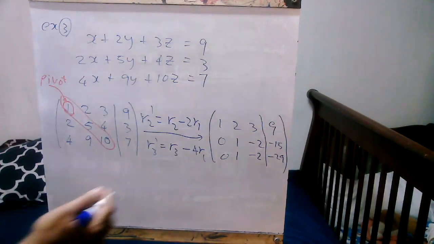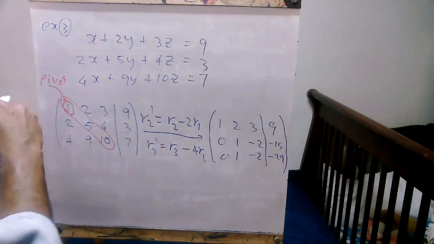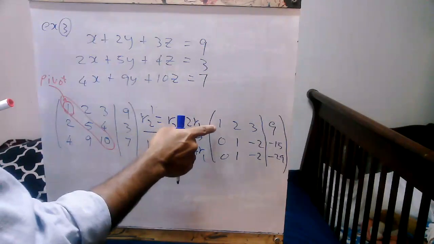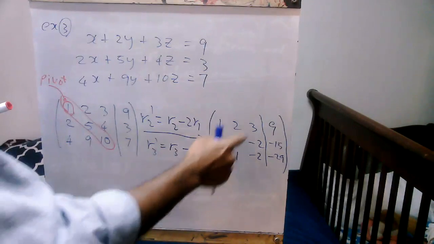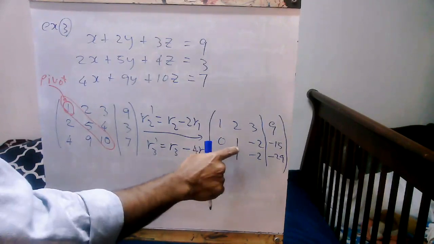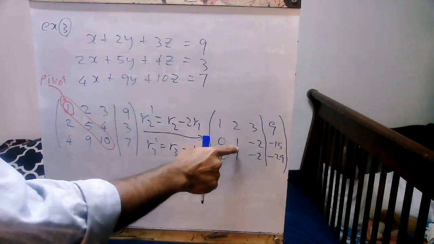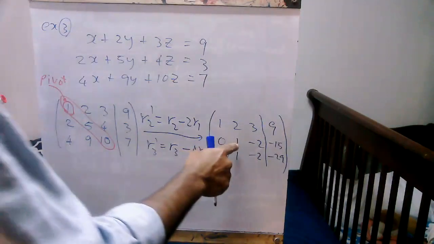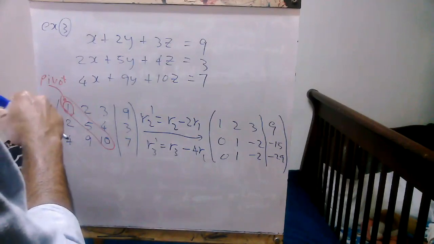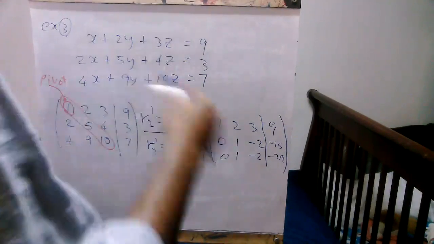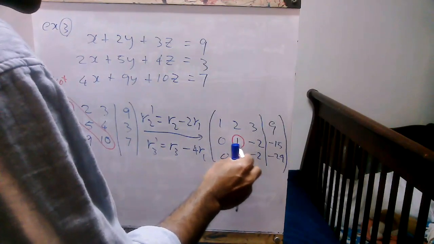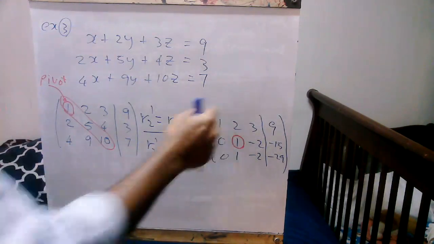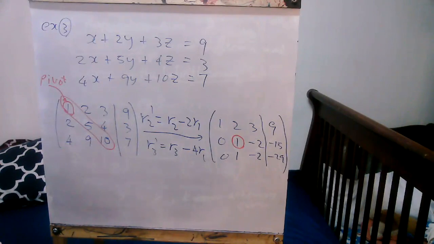Now what's the next step? This was the pivot. Now we want to make another element 1. Again, automatically this one becomes 1 when we do the row operations. Therefore we can take this as the pivot now, and we can make these two elements 0.